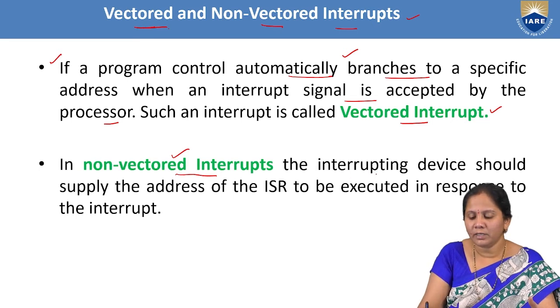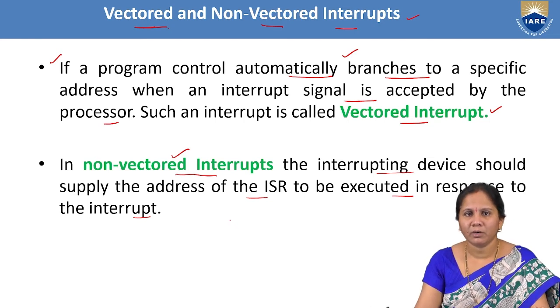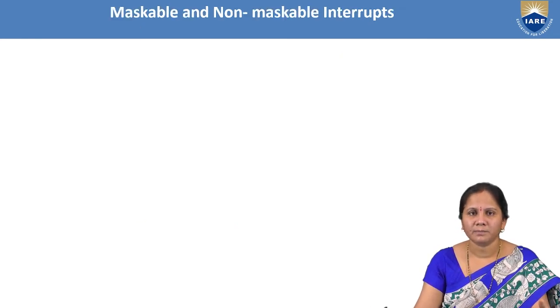So in non-vectored interrupts, the interrupting device should supply the address of the ISR in order to execute it in response to the interrupt. That is the difference between vectored and non-vectored interrupts.